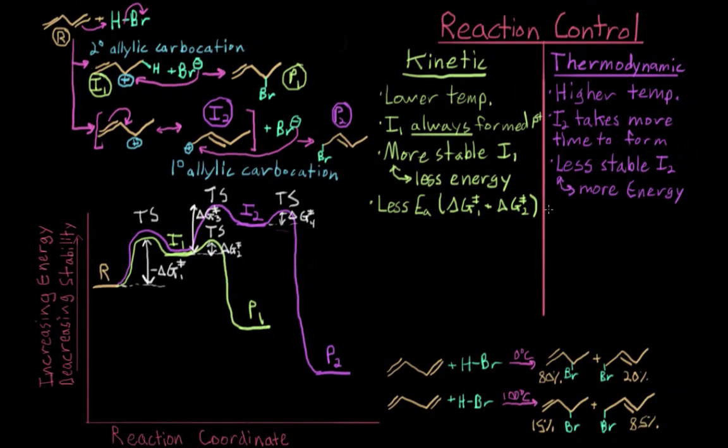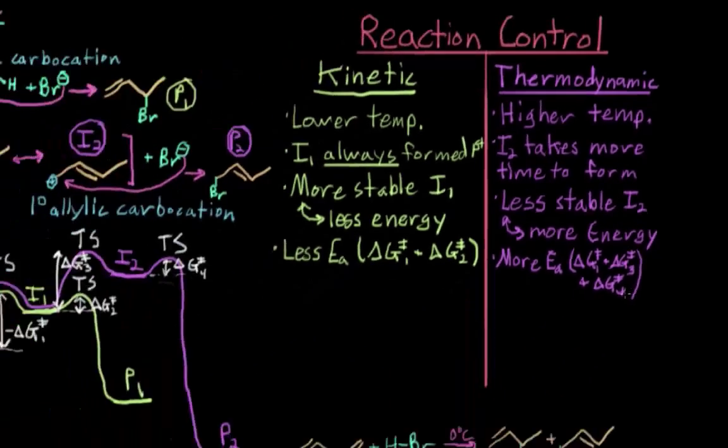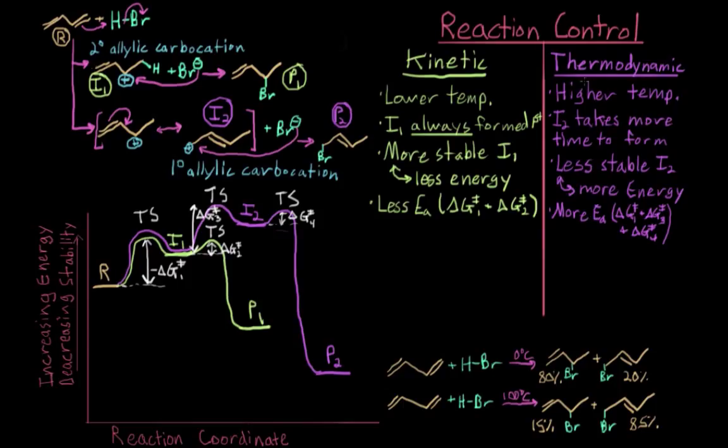So we can say that product 2 requires more activation energy. Again, this is delta G double cross 1 plus delta G double cross 3 plus delta G double cross 4. So there's more activation energy, or E sub A, required to get to our thermodynamic intermediates, and thus to our thermodynamic transition states, and thus our thermodynamic product. So less activation energy and more activation energy.